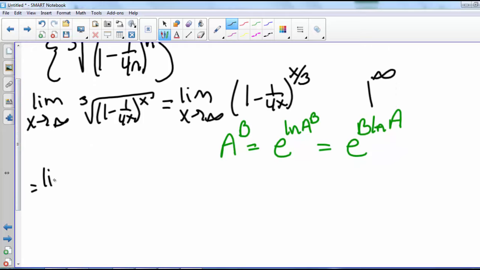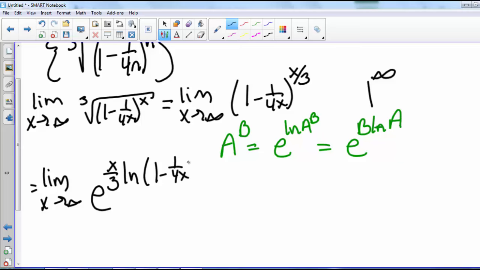So we rewrite this as the limit as x goes to infinity of e to the x divided by 3 times natural log of 1 minus 1 over 4x. So now we have a form that is infinity times 0.